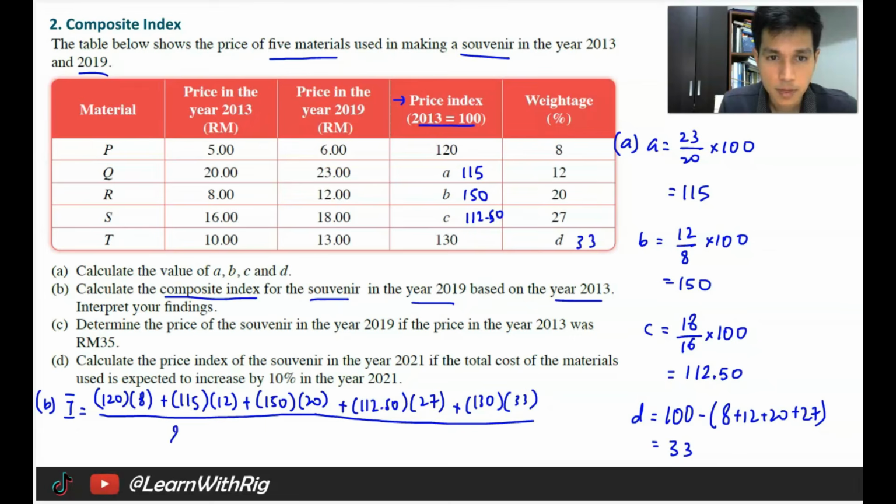You can just put 100 actually, because you know total percentage is 100. So you should get your answer is 126.68.